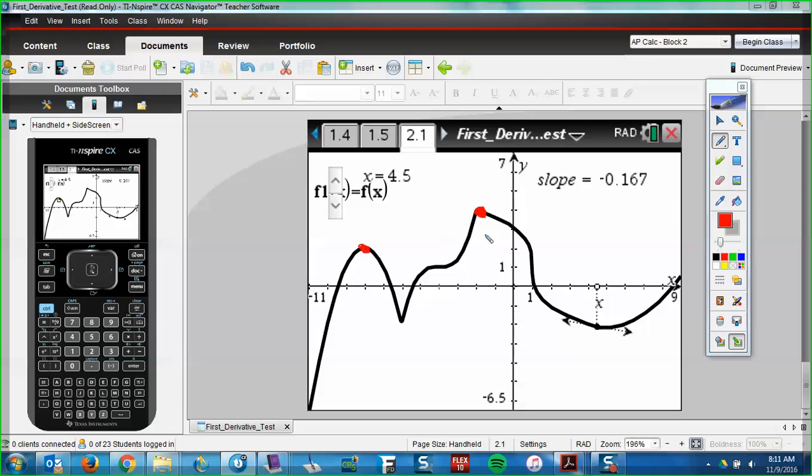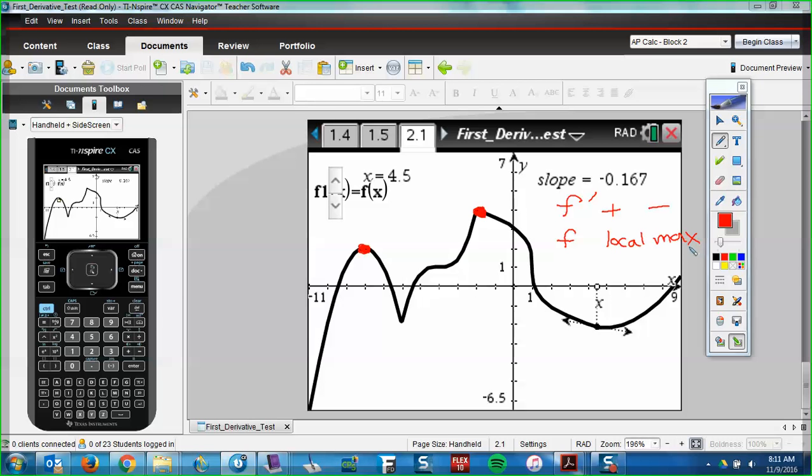Isn't that the only 2 times that F prime switched from positive to negative? Okay, so if F prime goes positive to negative, then what do we have on F? What are these 2 points called? Local max. Okay, that is part of one half of the first derivative test.